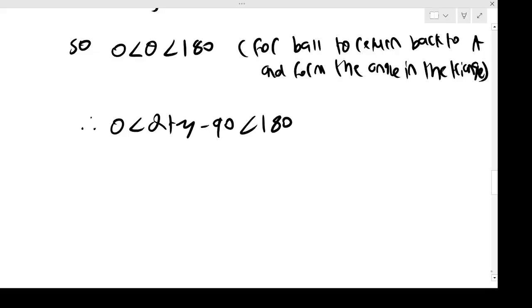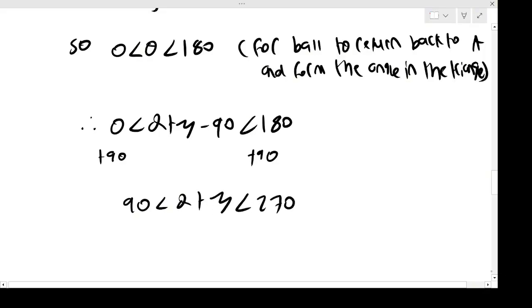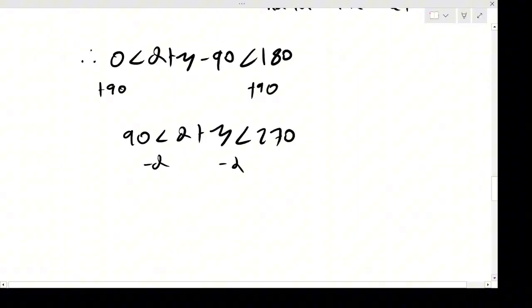So if I add 90 to the inequality, so I'm solving for gamma pretty much, then I'm going to get 90 is between alpha add gamma and 270. And so then if I take away alpha, that tells me that 90 take away alpha is between gamma and 270 take away alpha.